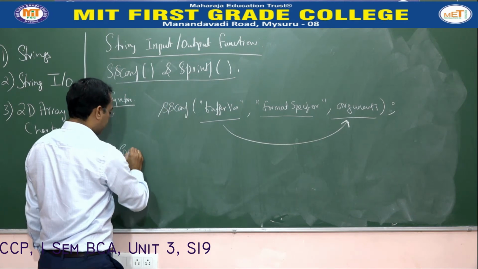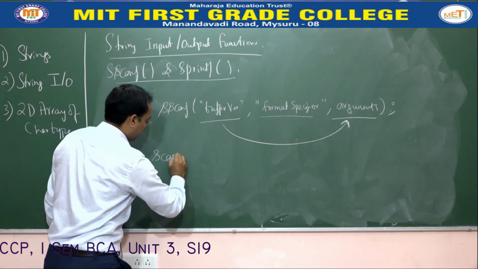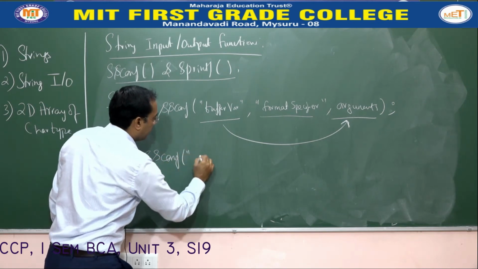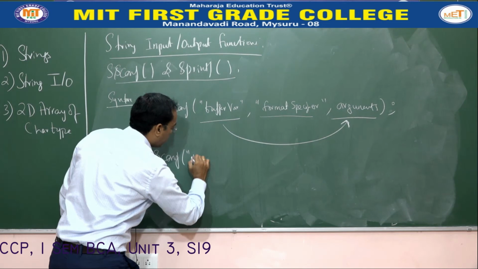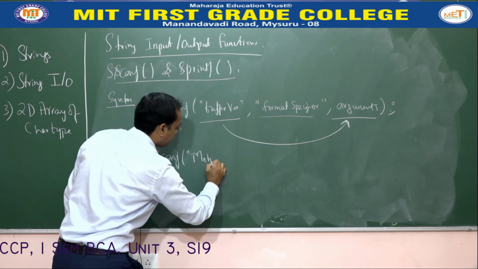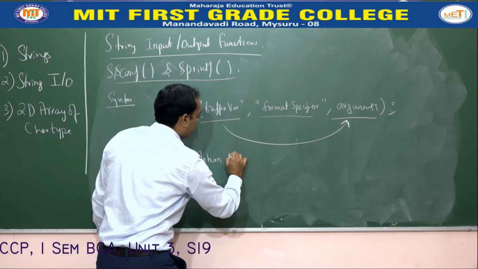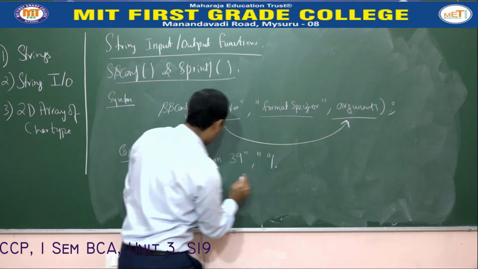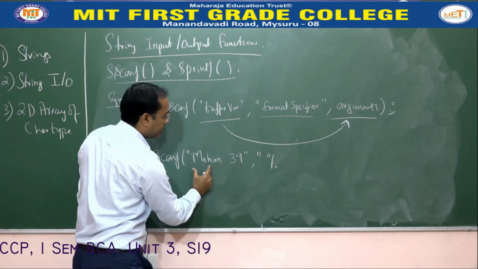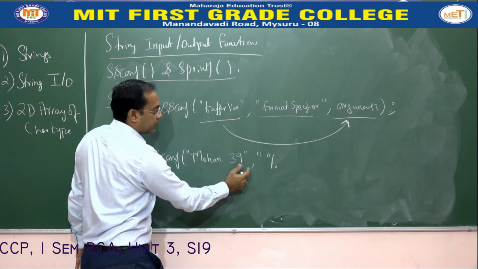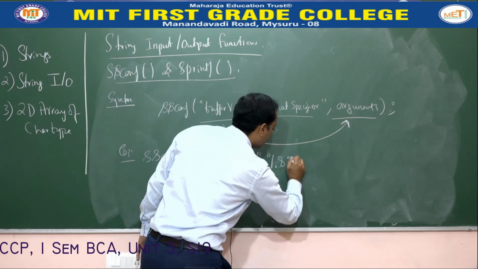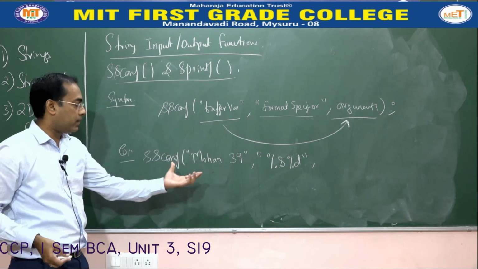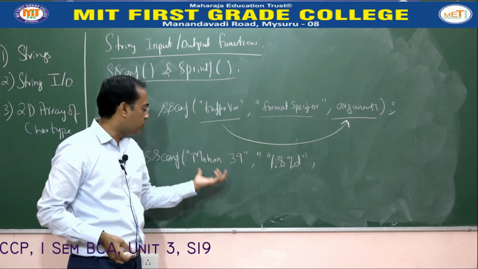We will take one example. sscanf, I will write it as Mohan space 39. Okay. Here, since there are two kinds of variable, this is a string and this is an integer. First one is a string, second one is an integer. I am showing you a variety of how this sscanf is used.